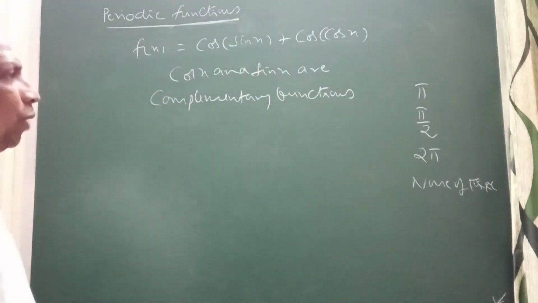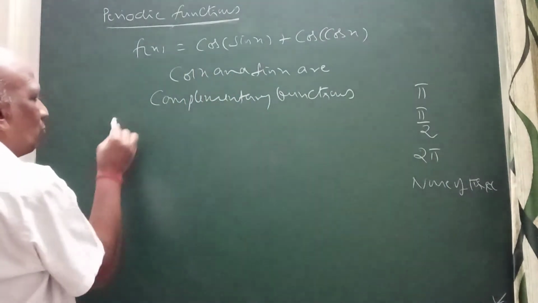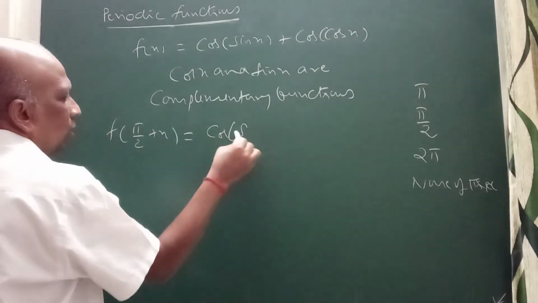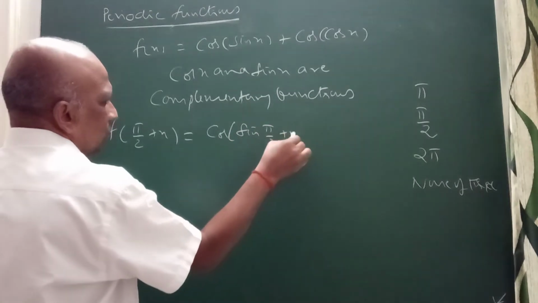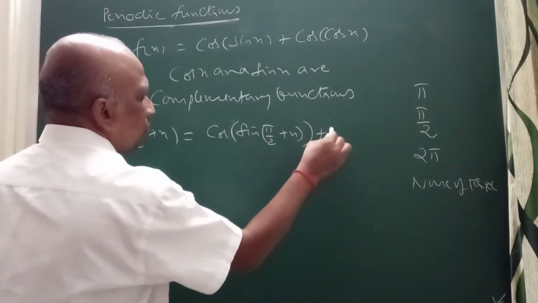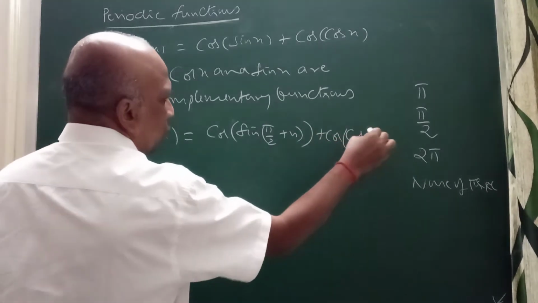So when there are complementary functions, you can check f of pi by 2 plus x. Since they are complementary, we get cos of sin of pi by 2 plus x, plus cos of cos of pi by 2 plus x.